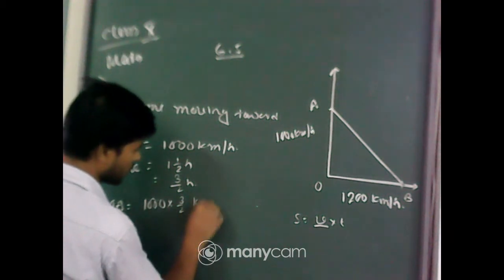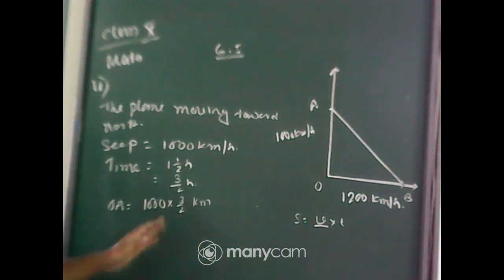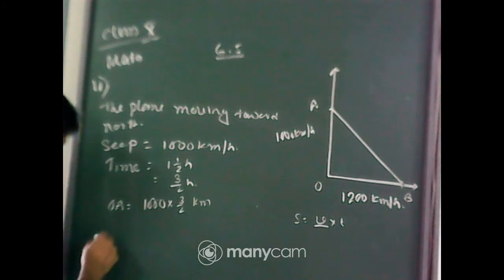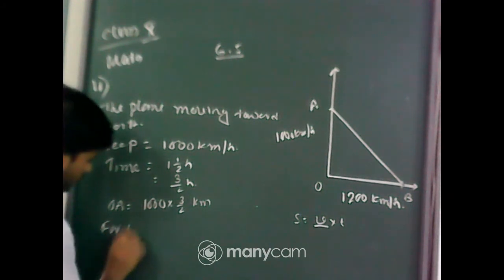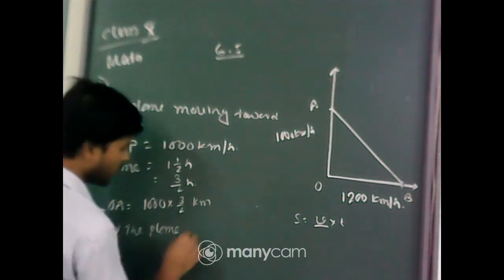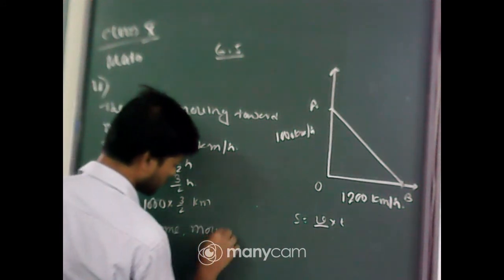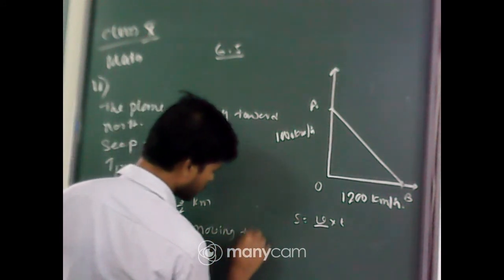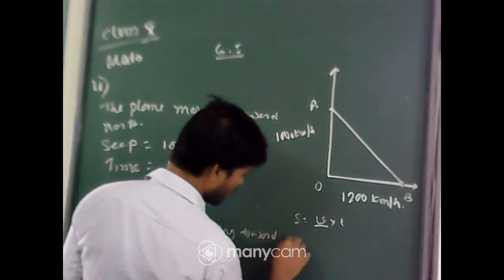So this is the distance covered by the plane towards the north. And consider the second plane, the plane moving towards west.